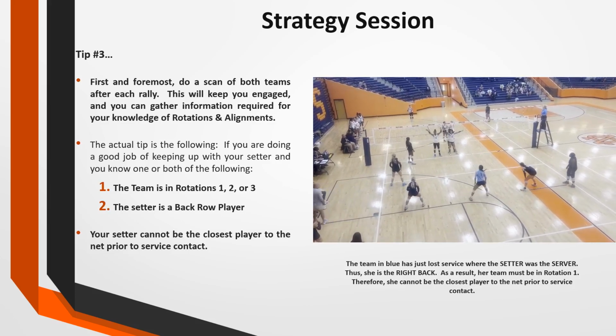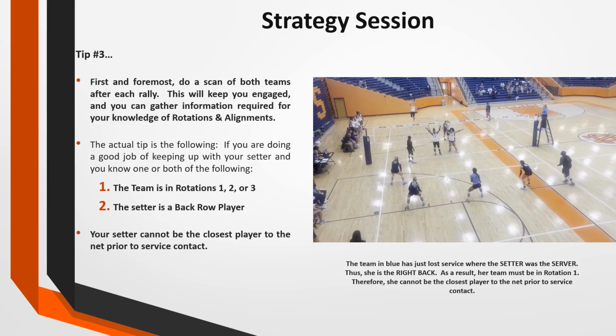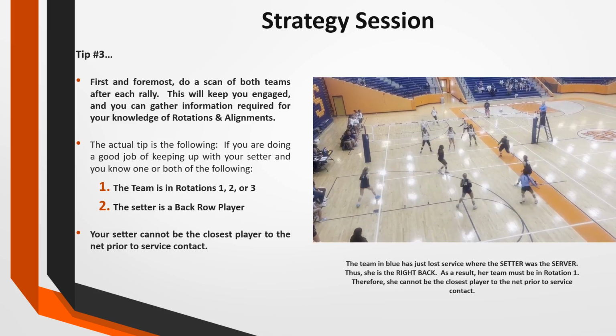We're doing a good job of keeping up our setter, and we know one or both of the following things. Team is in one of the following rotations, 1, 2, or 3, and the setter is a back row player. Then we know right out the gate that both of these conditions really will have to be met.